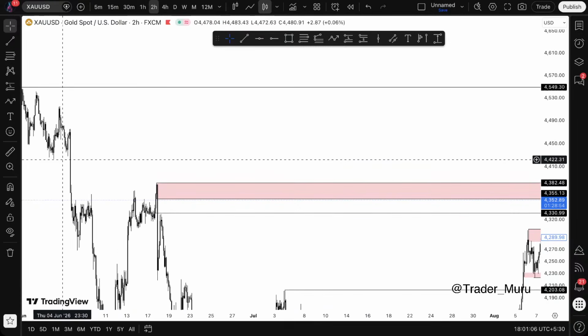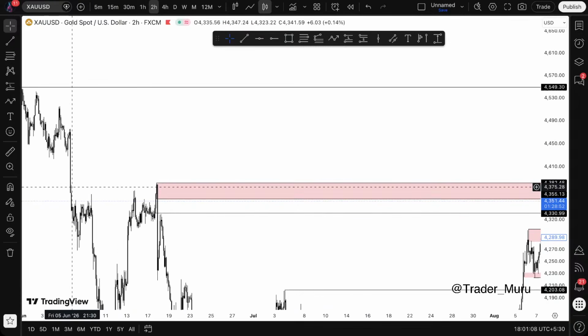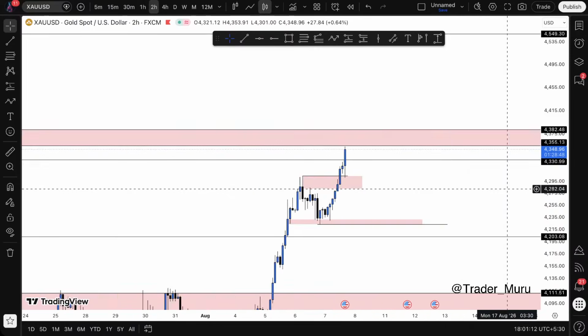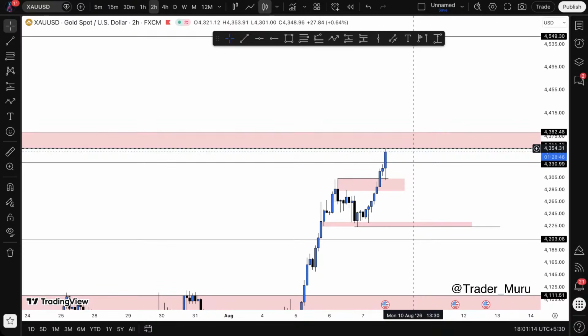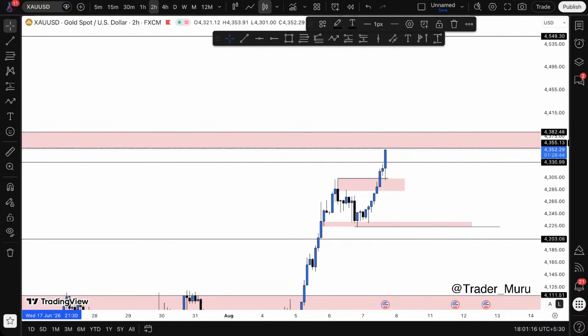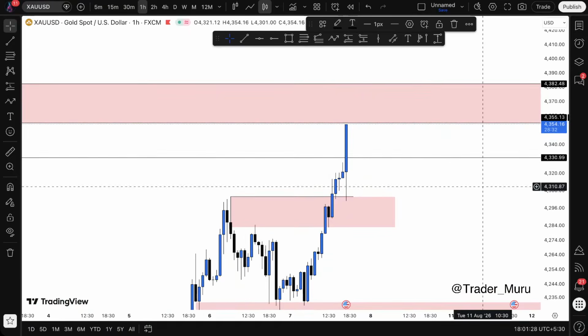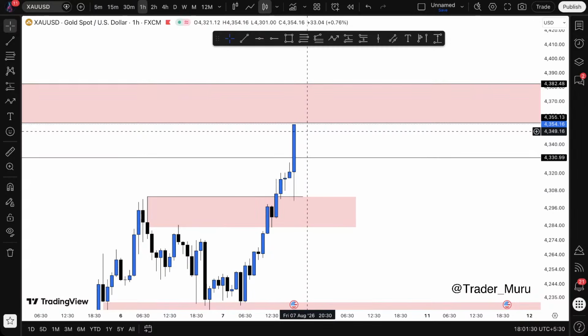This FVG, for safety you can use stop loss above 4382, but it can sweep. Before closing you cannot use this as a stop loss. Our area is already been tested here, so watch for a short entry.